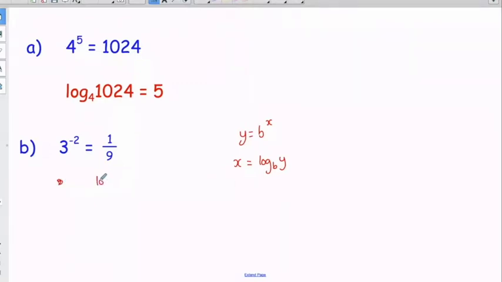So log to the base 3 of a 9th has to equal the power, has to equal minus 2. And again, we can check that on the calculator. Log to the base 3 of 1 over 9. And it gives me my minus 2, which I'm expecting.